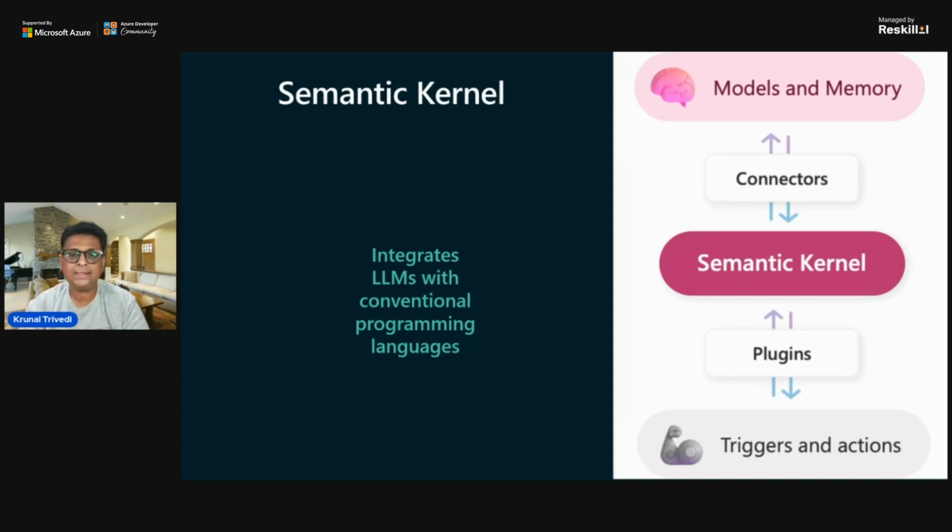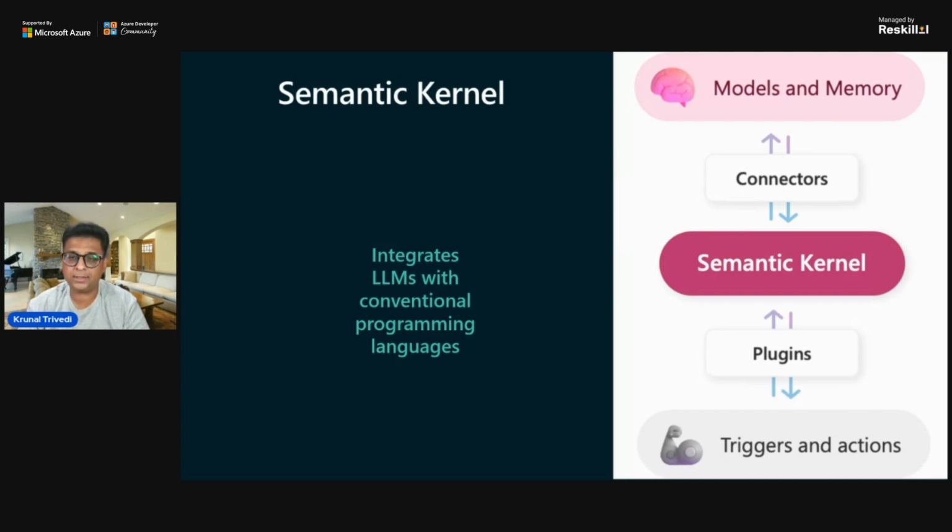We have plugins, we have connectors. This Semantic Kernel part is also known as the AI orchestration layer. The core of the Semantic Kernel stack is an AI orchestration layer that allows seamless integration of AI models and plugins. This layer is responsible for combining components to craft innovative user interactions.